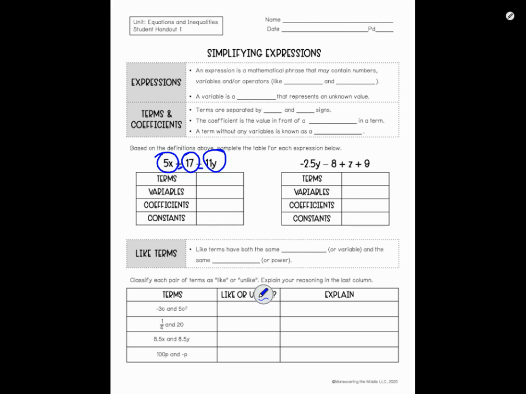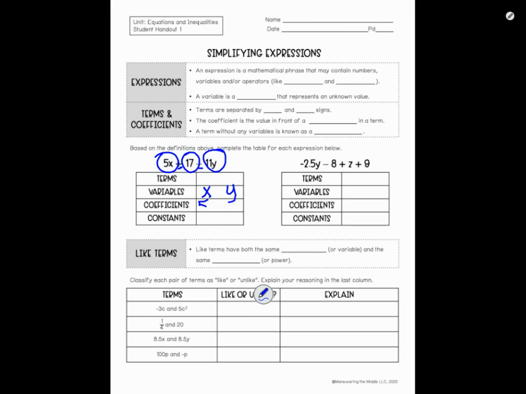There are also variables. Remember, variables are the letters that we use for unknown amounts or unknown quantities. The variables in this expression are x and y. There's also something called coefficients. Remember that a coefficient simply is the number in front of the variable.